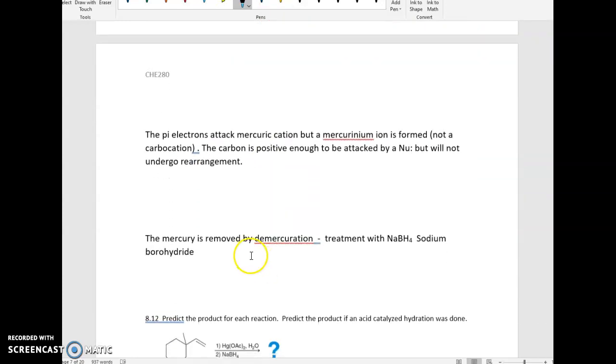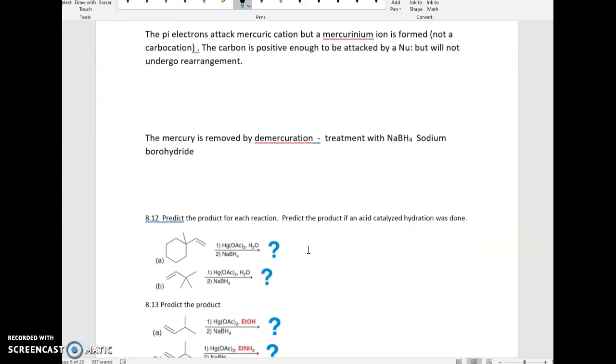So the pi electrons attack the mercuric cation, but a mercurinium ion is formed, not a carbocation. The carbon is positive enough to be attacked, but we're not going to rearrange. Then the mercury needs to be removed by demercuration, and this is done with treatment with sodium borohydride.